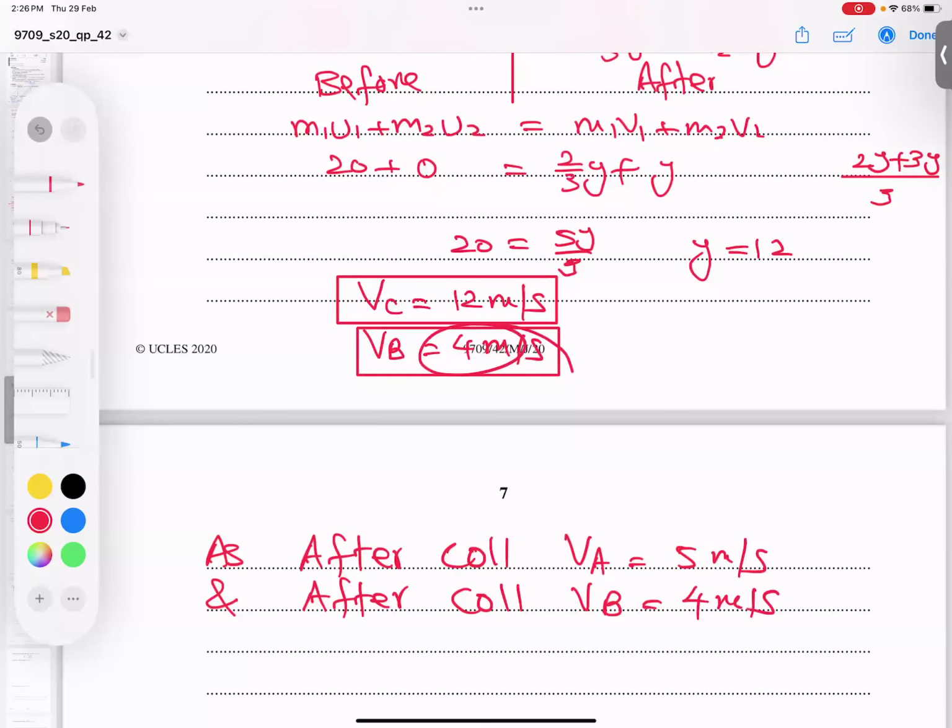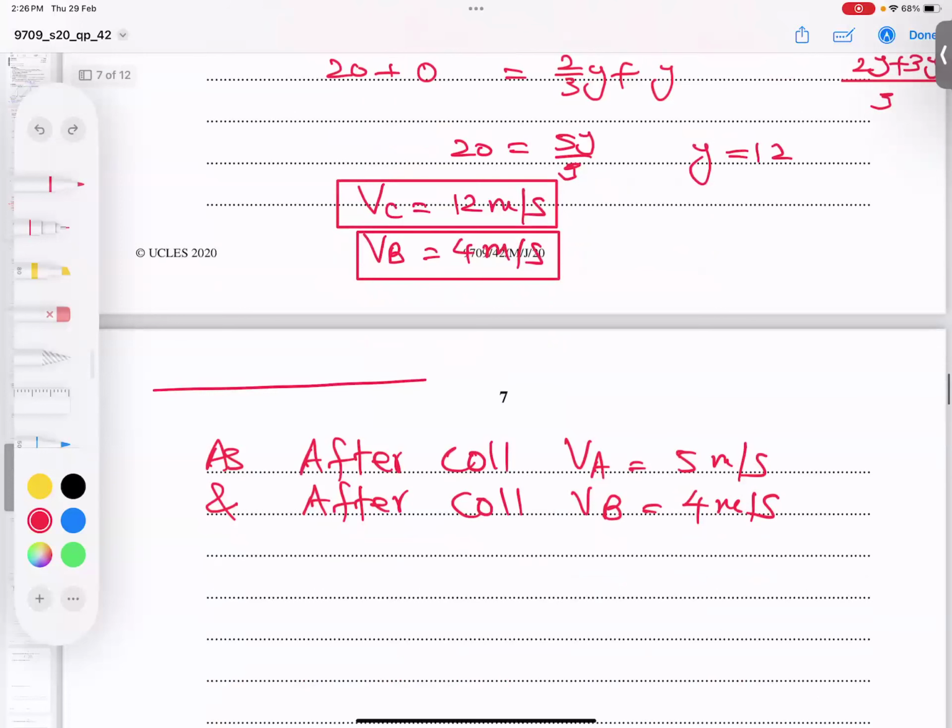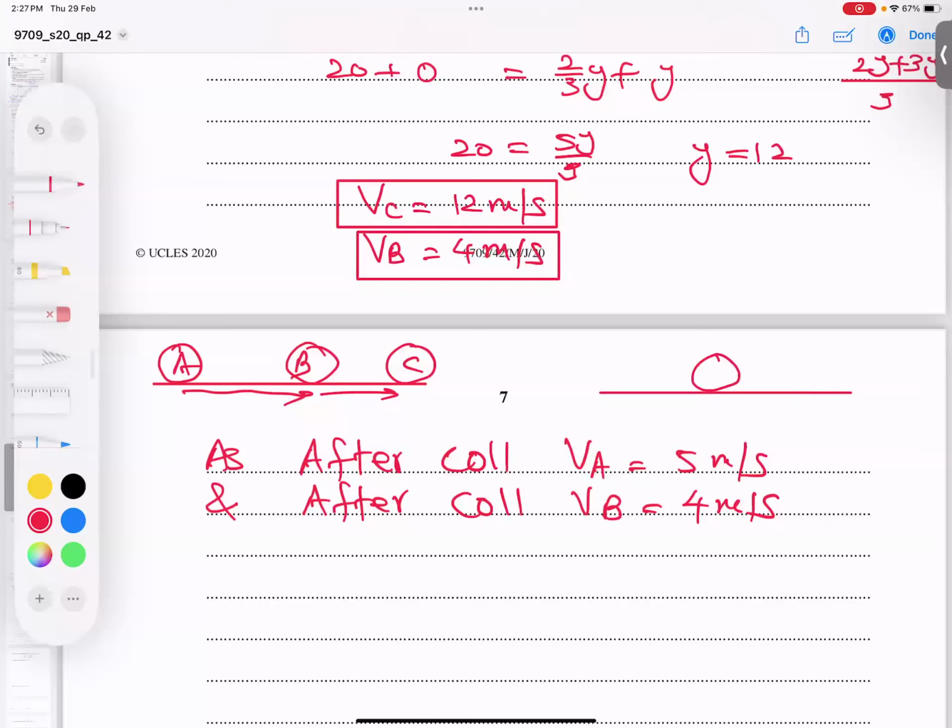It is 100% clear. Listen, students. If A is here, B is here, C is here. First A hits B and B hits C, but A is still going on. After A hits, the speed of A is very clear: it is 5 meters per second going to the right.